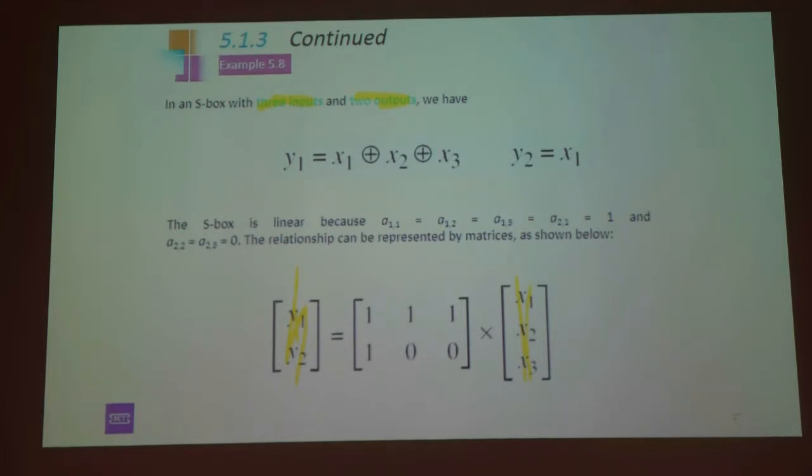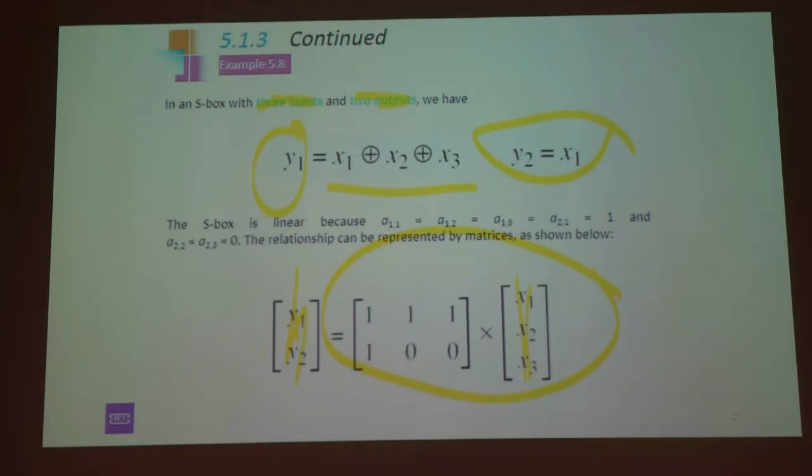So y1, the output 1, equals XORing x1 with x2 with x3. The y2 is just x1, and you could simply write it as a matrix multiplication. Permutation means we don't change the values and don't do any process, we just switch them around.